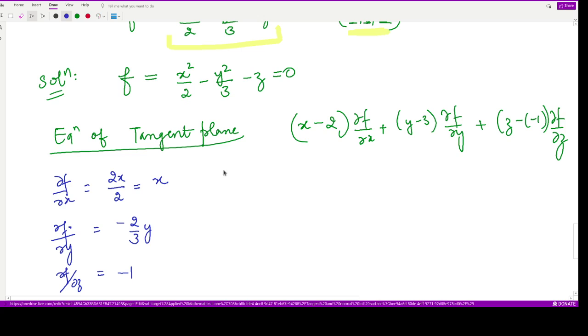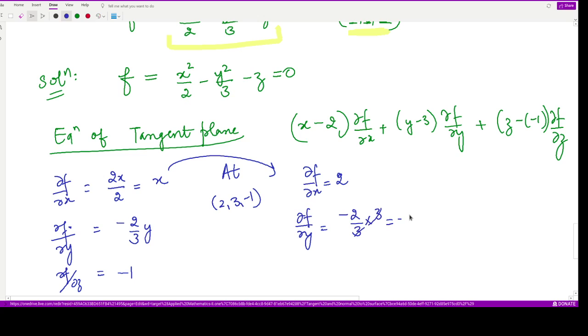So all these values at the point given to be 2, 3, minus 1: del f by del x is equal to 2, del f upon del y is equal to minus 2 divided by 3 into 3, so that is equal to minus 2, and del f by del z is equal to minus 1.